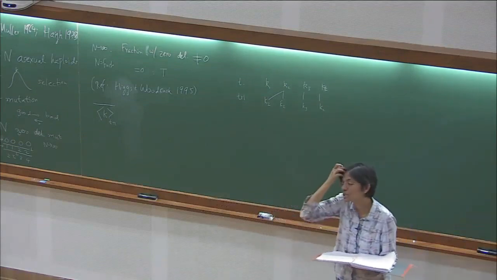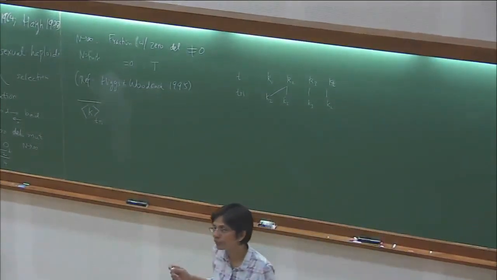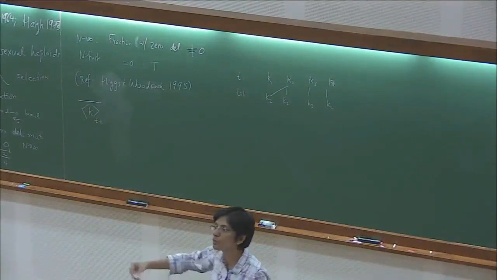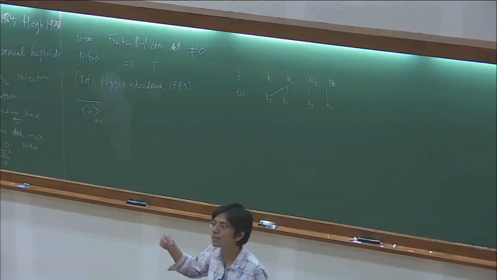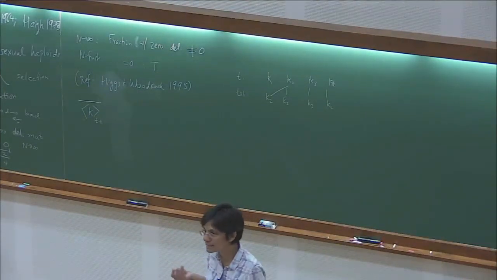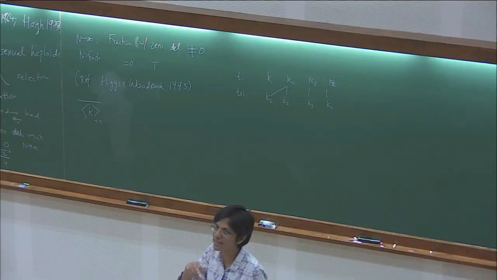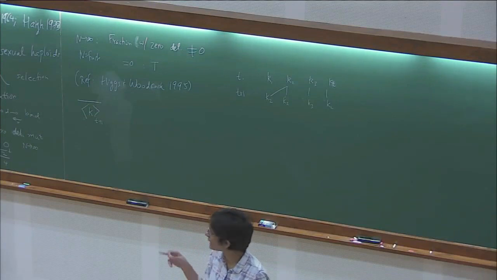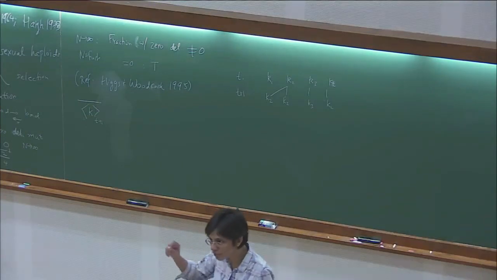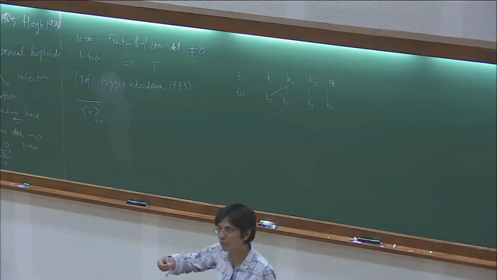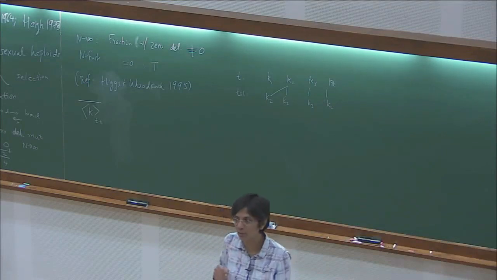We are assuming that my genome is very, very long, so I'm assuming L to be infinite. It just helps things, because we discussed the scaling limit in the second lecture, I think. I said that these models simplify when I take L to infinity and the mutation probability to be 0. That's the kind of limit I'm assuming has been taken here.